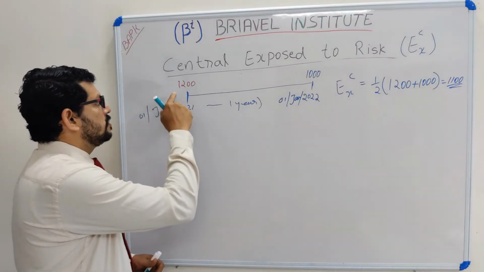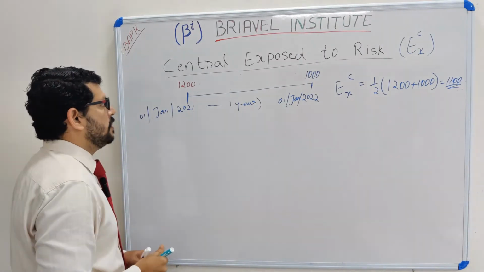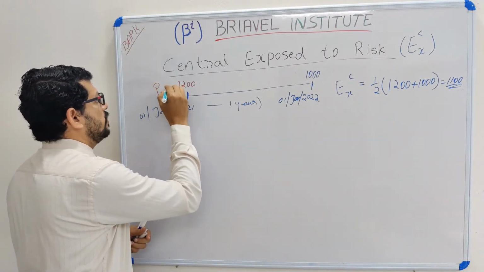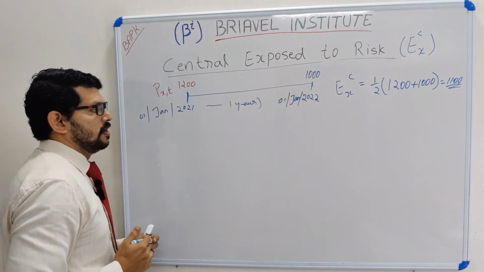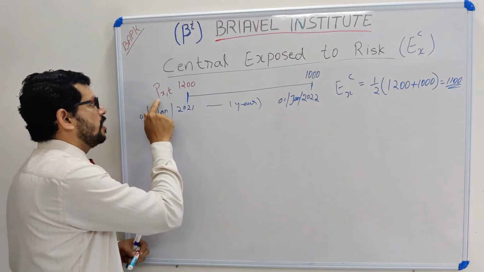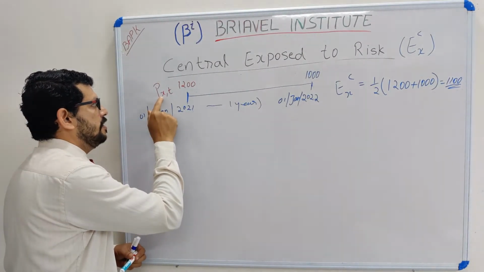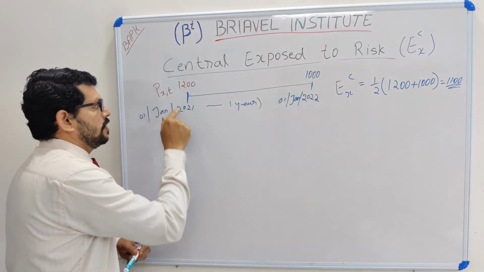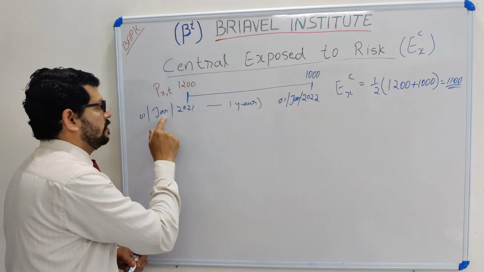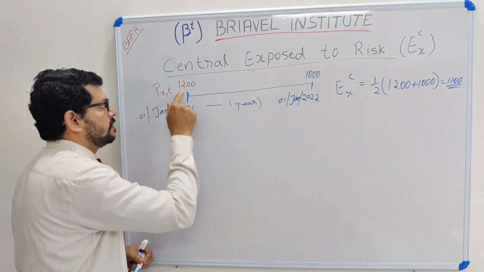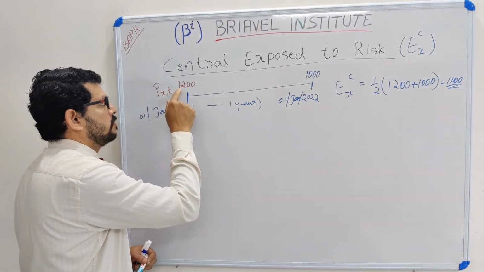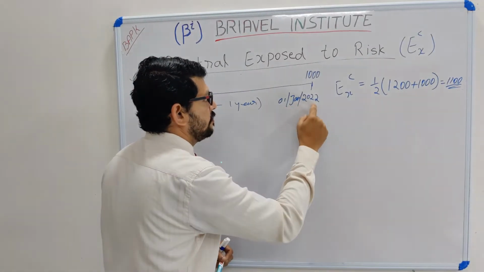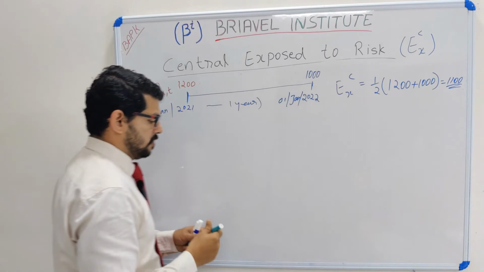Now this 1,200 we can say P of h comma t, that means the number of lives alive at age h at time t. So in January 2021 the number of lives alive is 1,200, and in January 2022 it is 1,000.